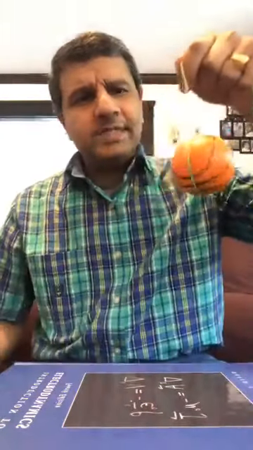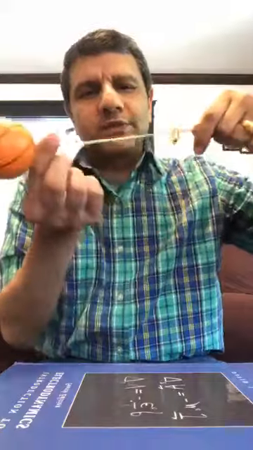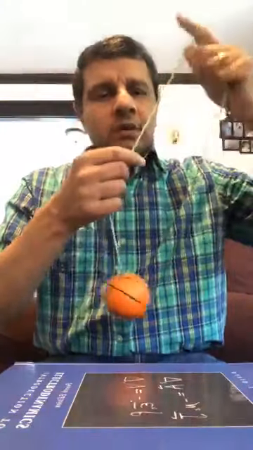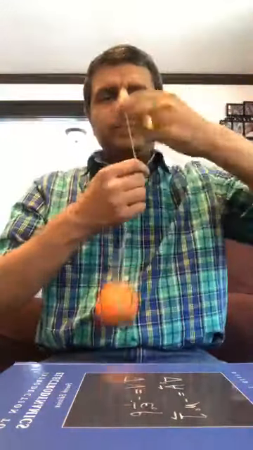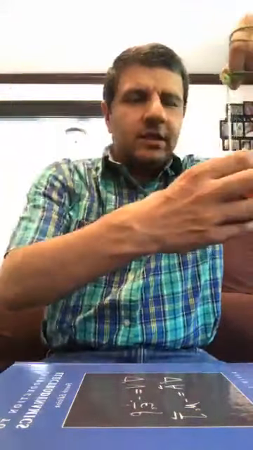So let me do a couple of quick demonstrations. I have this foam ball tied to a string. What I do is move this in a circular path. I can move it this way, which makes the ball move in a horizontal circle like this.